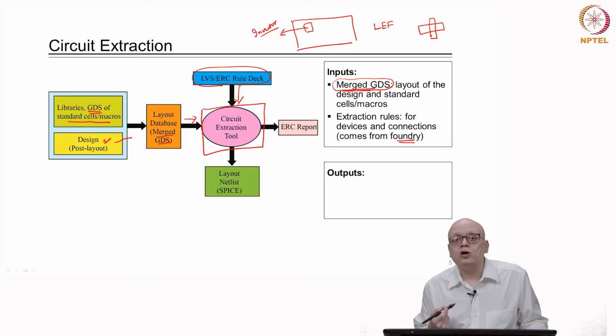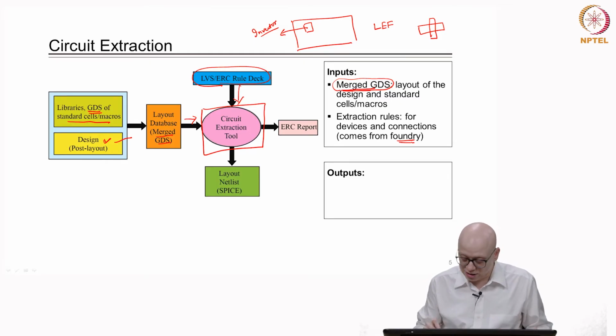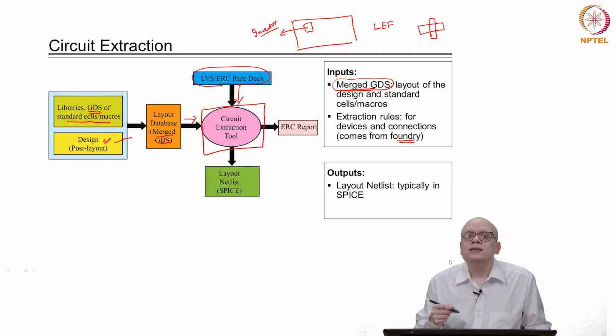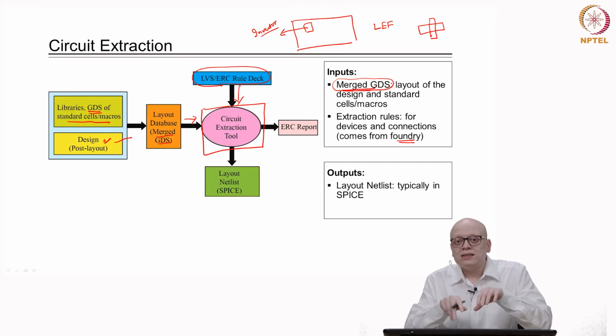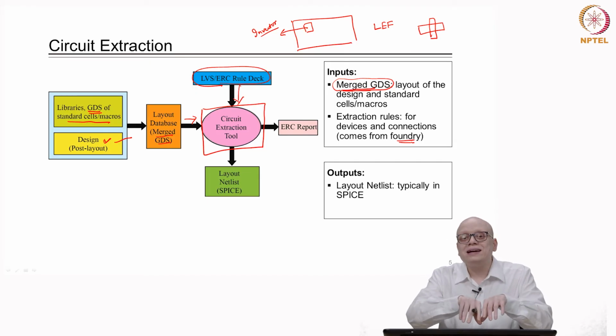Now, what will be the output of the circuit extraction? The first output will be the layout netlist, right. What layout netlist means is that from the layout, the extraction tool will create a netlist.